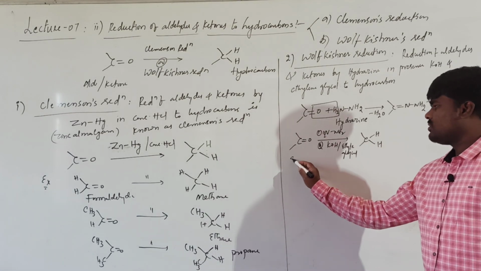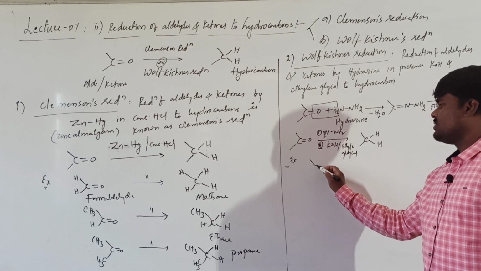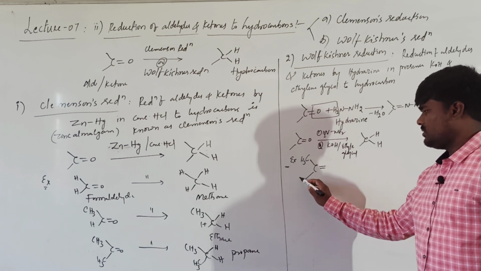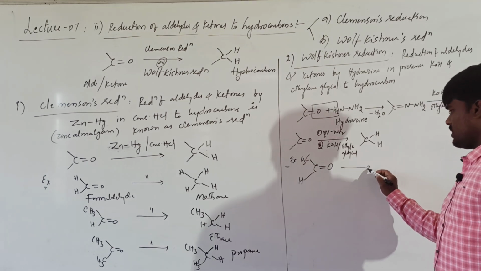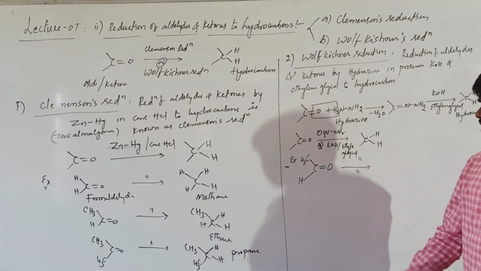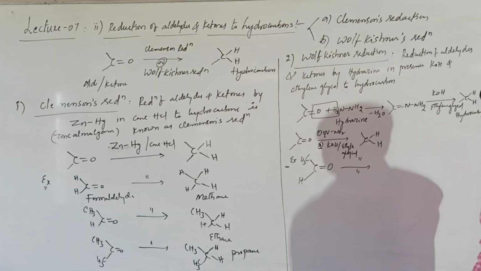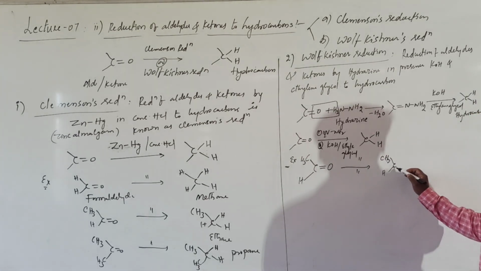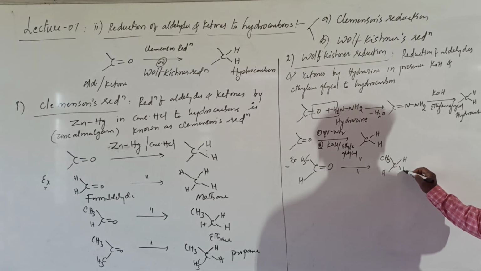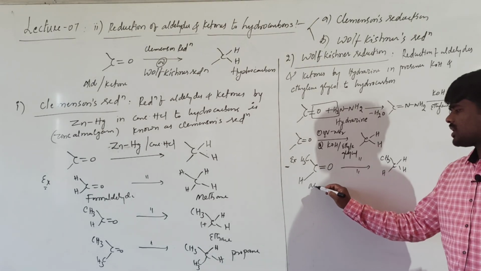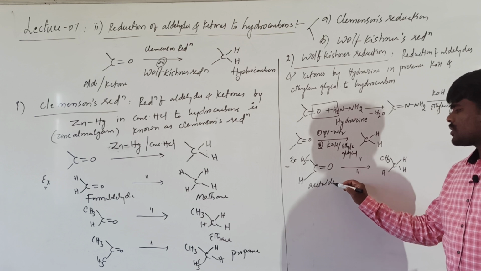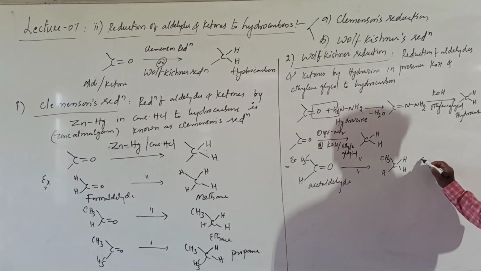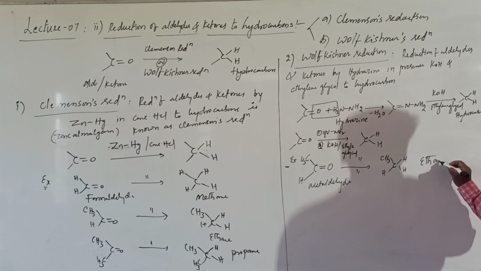For example, if you take acetaldehyde, CH3CHO, in the presence of hydrazine followed by KOH and ethylene glycol, it will be converted into ethane.